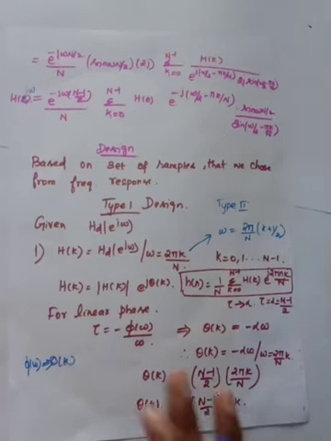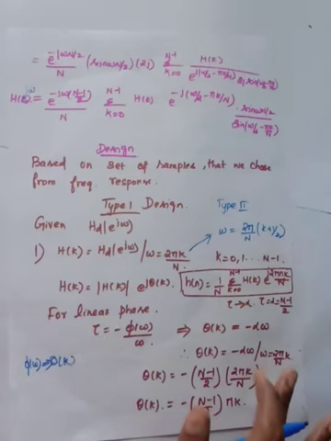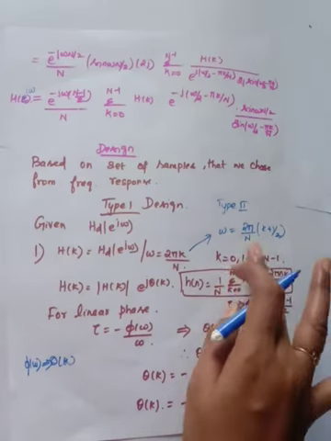So this is your type 2 design, and the remaining procedure is the same. So this is the procedure for the type 1 design and the type 2 design, but we are going to do only the type 1 design problem, so don't bother about this.